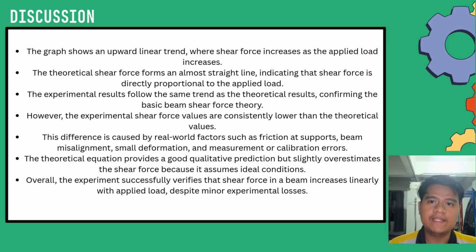The difference between the two results may be caused by real experimental factors such as friction at the support and the pulleys, slight beam misalignment, small deformation of the beam, and possible reading or calibration errors. The theoretical calculation assumes ideal conditions with no energy loss, which is difficult to achieve in a real experiment.